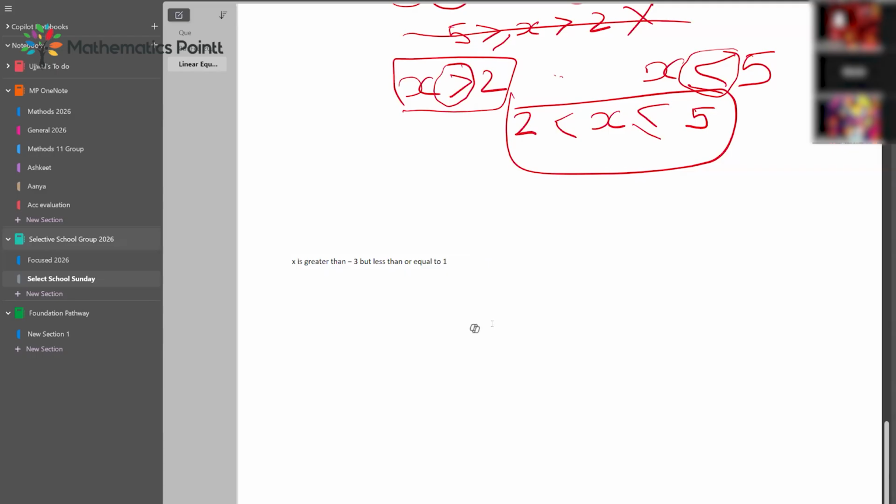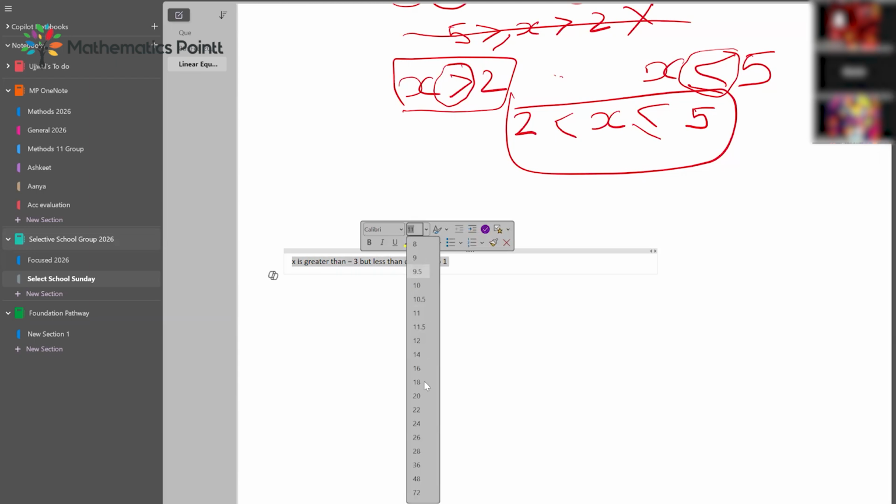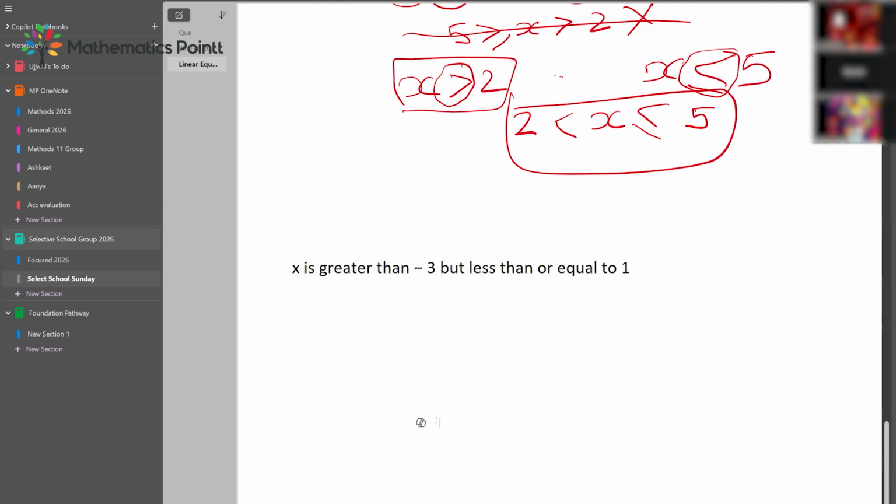So X is greater than -3, but less than or equal to 1. Can you try this? Can increase, I think, the font. Yeah, I think it's better now. Go for it. X is greater than -3, but less than or equal to 1.